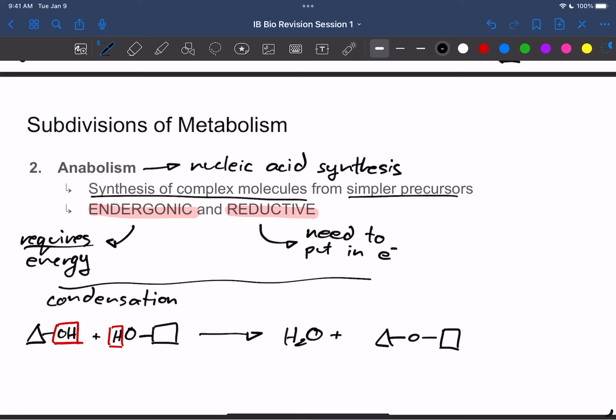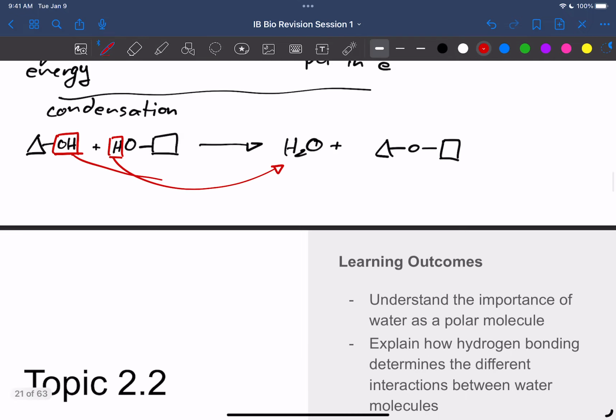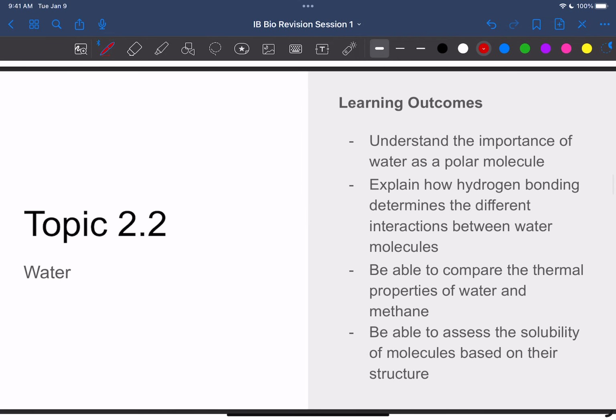Now, we've seen this before when I talked about peptides. So whenever you see condensation, think making water. You're making water while also combining two monomers together, or multiple, to make a polymer. And that is topic 2.1. Good job, everyone. We got a few more to go.